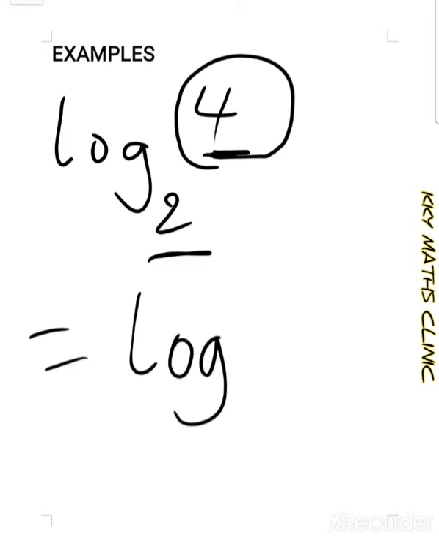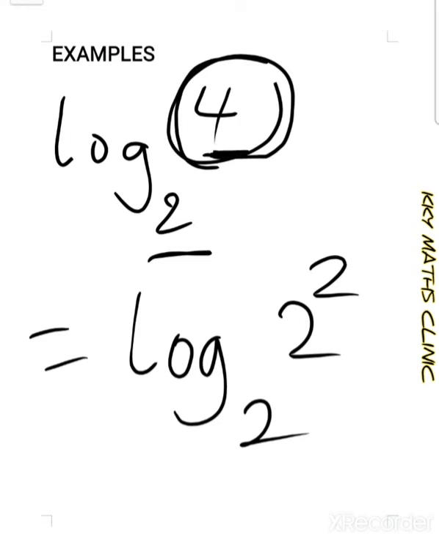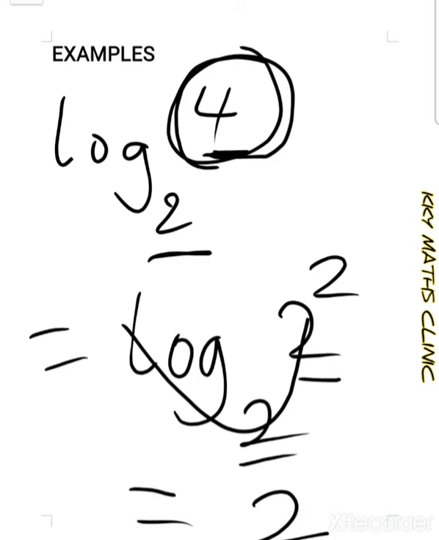So I have log 2 raised to the power of 2 base 2. All I did is replace 4 with the power of 2. Now that the base and the argument are the same, they can go away and my power becomes the answer, 2. Quite interesting.